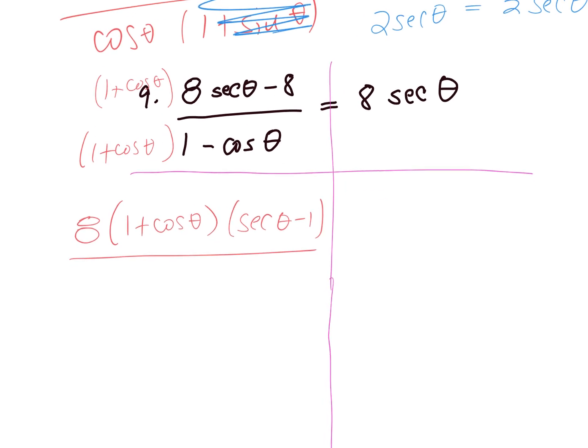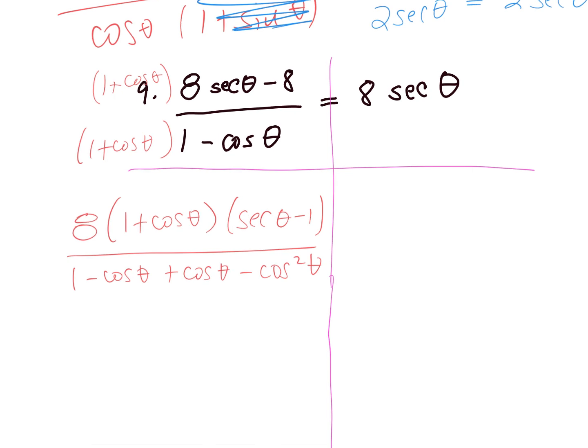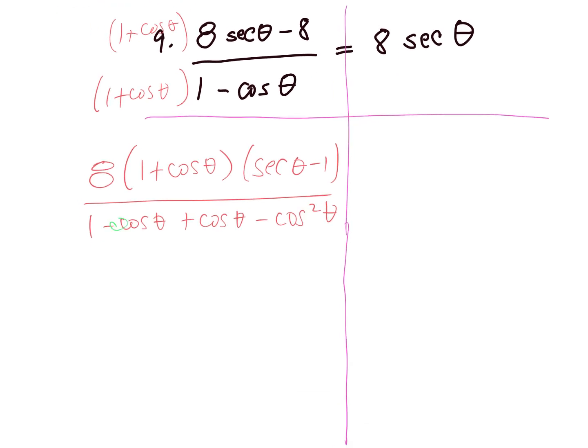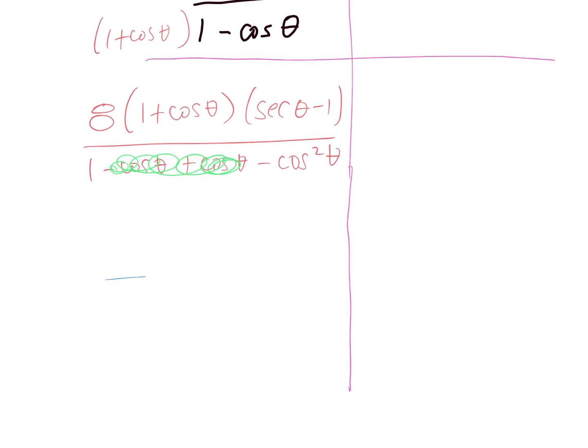Okay, so on the bottom, when we FOIL, 1 times 1 is 1, right? 1 times negative cosine is minus cosine. Cosine of 1 is plus cosine. And then cosine and negative cosine is negative cosine squared. So we've created the identity. What happens to your cosine squareds? They cancel. What is 1 minus cosine squared equal to? Yep, sine squared. So now we have a sine squared on the bottom.